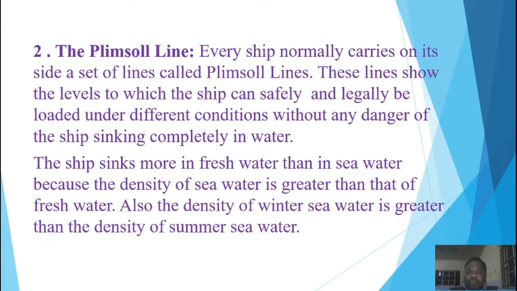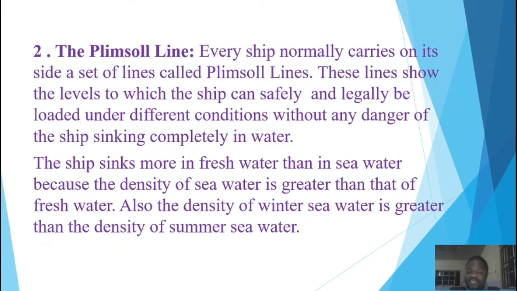So when the ship is to pass through sea water, the Plimsoll line must be above. But when it is in fresh water, the Plimsoll line must be below. We also say that the density of winter seawater is greater than the density of summer seawater.